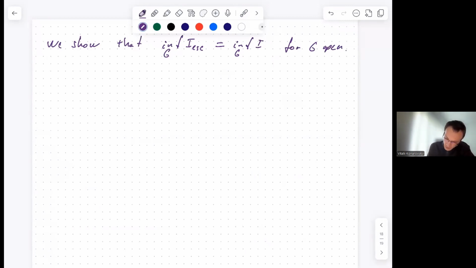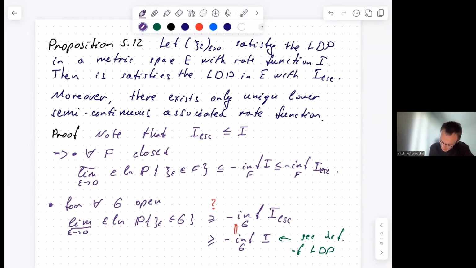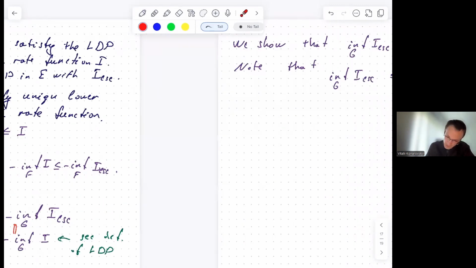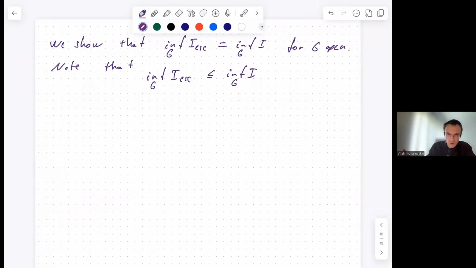First of all, we note that the infimum over G of I lower semi-continuous is less or equal than the infimum of I over G, and this follows from that. Then we need also to show it in the other direction.